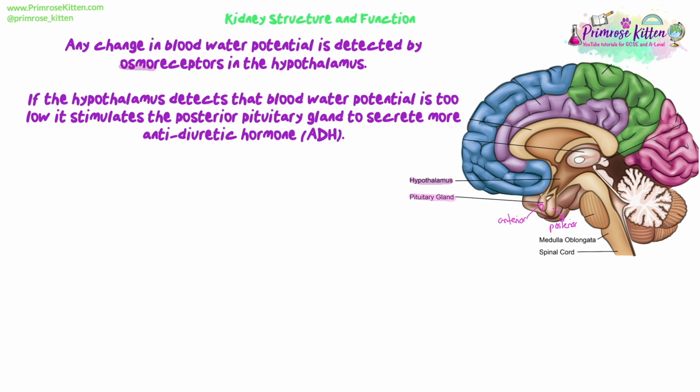So osmoreceptors, osmo coming from the same root as osmosis, are detecting a change in water potential. And then antidiuretic hormone is the hormone that's going to be secreted. You might have heard that there are some drinks that are known as diuretics. Things like tea, for example, is a diuretic. What it does is it acts in the same way as we're going to say ADH works, in that it actually causes you to lose more water in your urine.